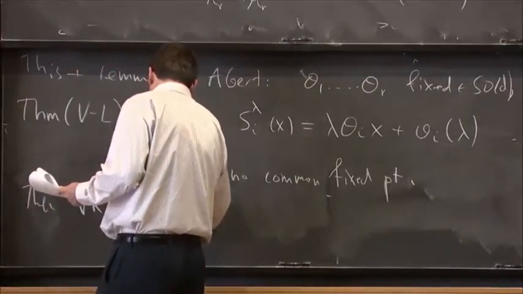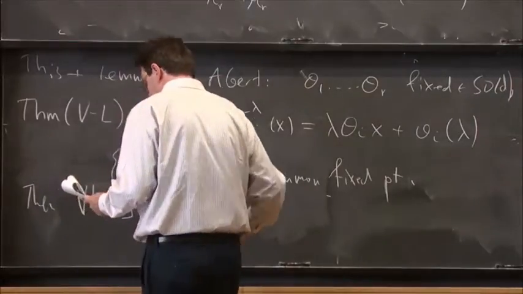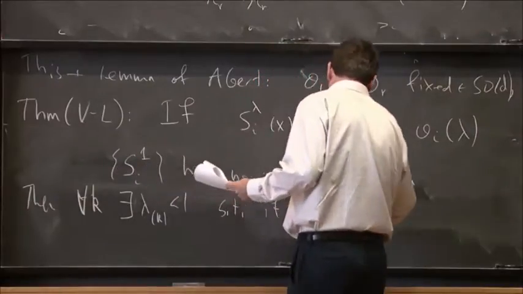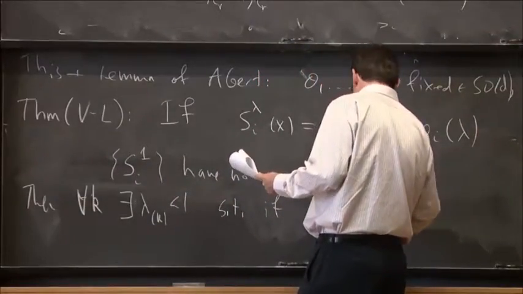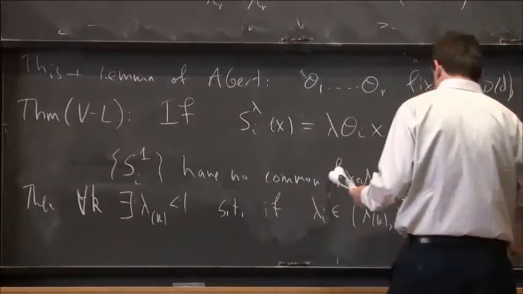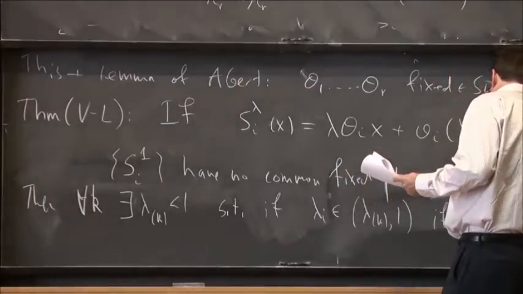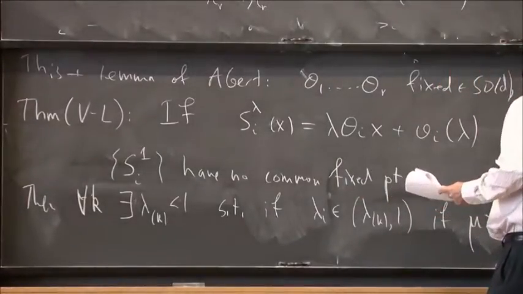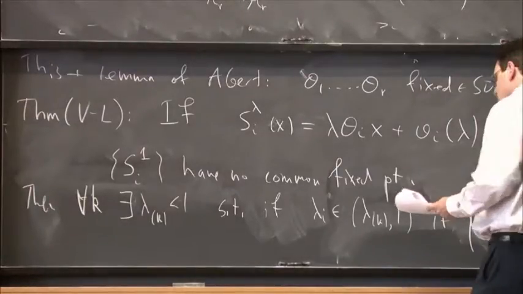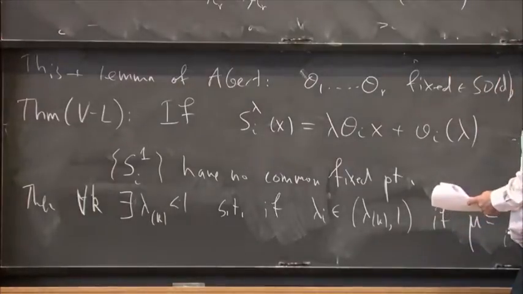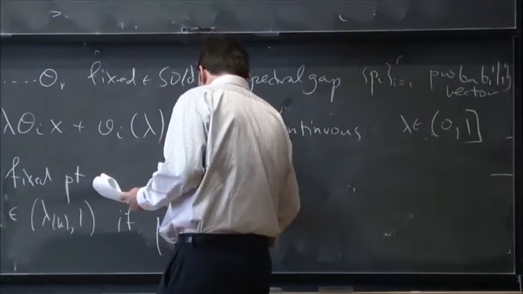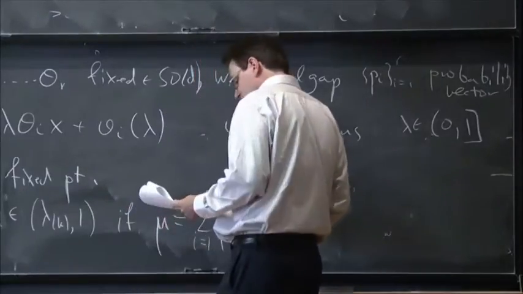There exists some lambda_k less than 1, such that if I take lambda_i, for every i, in the interval between lambda_k and 1, and if I take mu to be the self-similar measure corresponding to this data, so there's a unique probability measure satisfying, because my lambdas are less than 1, that mu is the average of the measures I get by contracting by the similarities.